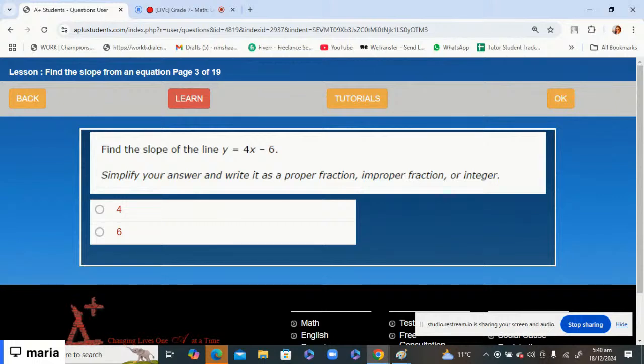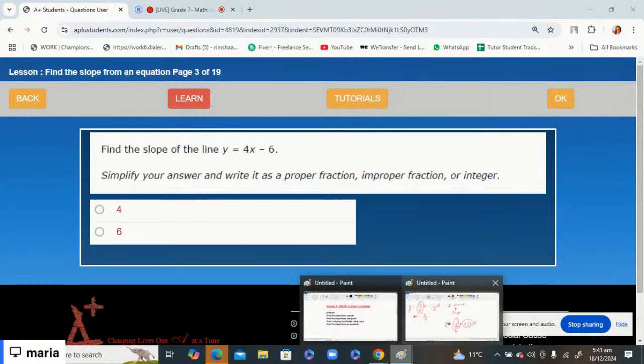What is the slope of this line? y is equals to 4x minus 6. Which number is multiplied with the x? That is 4. Okay, so here 4 is your slope, not the 6, because 6 is b.